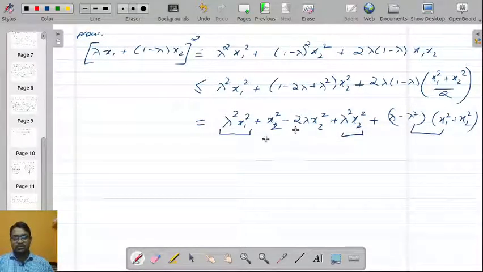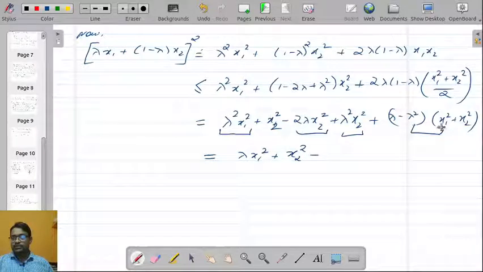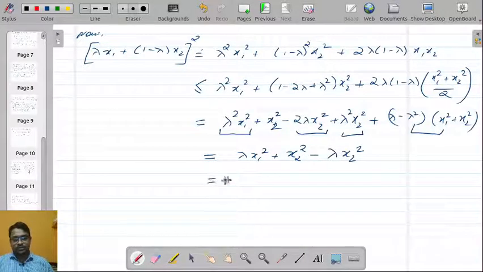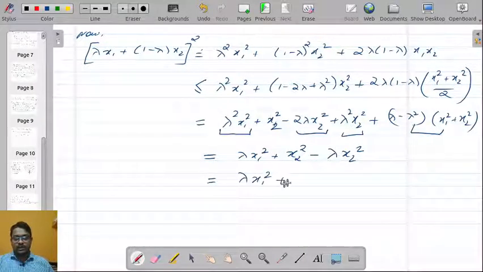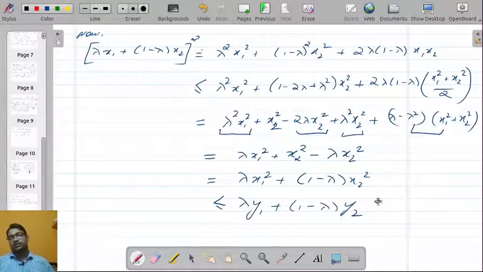So what is left is λ(x1² + x2²) minus twice λx2², plus λx2², so we will be left with minus λx2². So it is something like λx1² + (1 − λ)x2². And this we can write as less than or equal to λy1 + (1 − λ)y2. Yeah, we have got it.